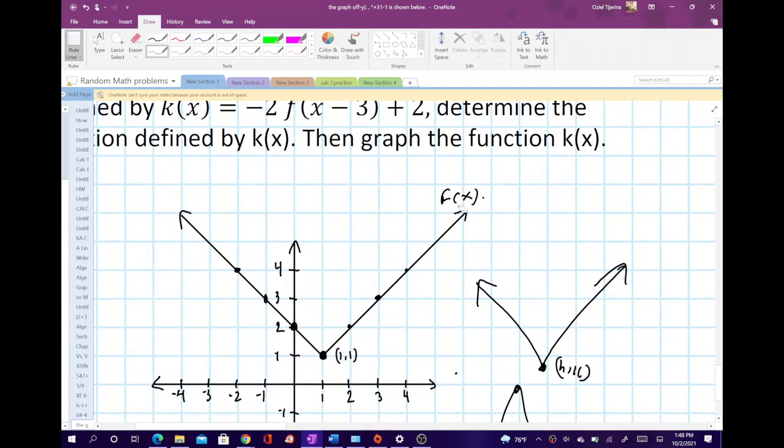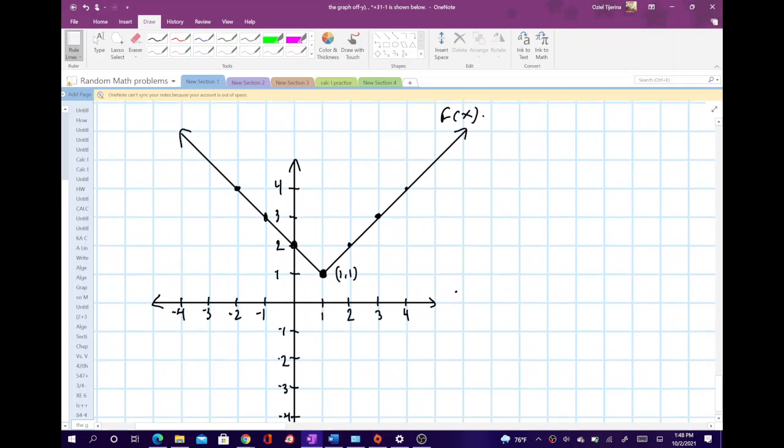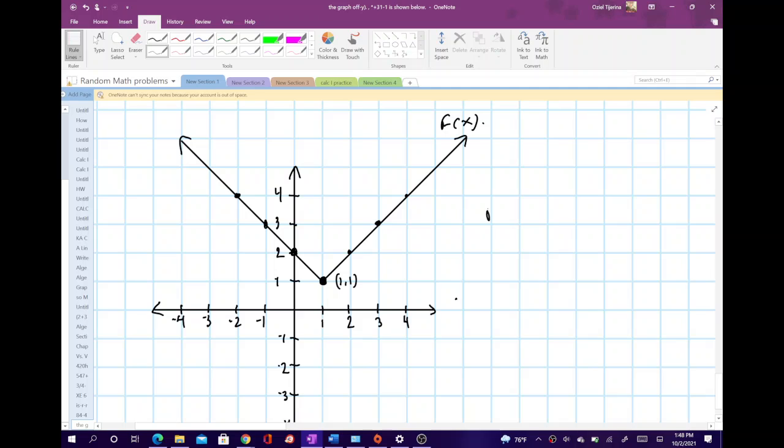There is a specific equation called the vertex form of absolute value, which says that f of x can be defined by a times the absolute value of x minus h plus k, and a is usually your slope, right?